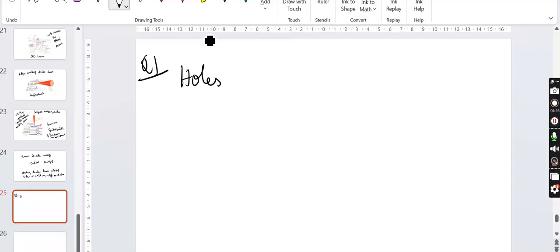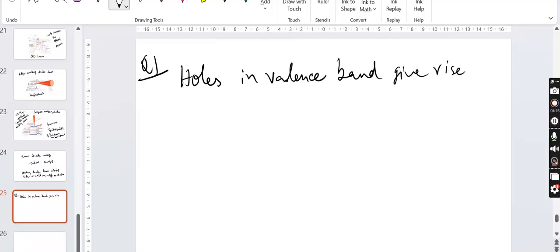Question number 1. Holes in the valence band give rise to flow of current.